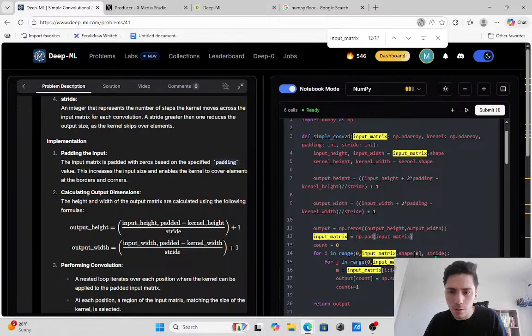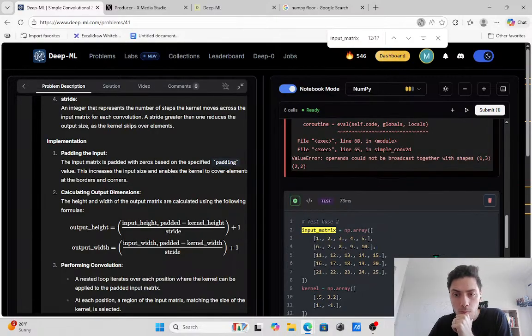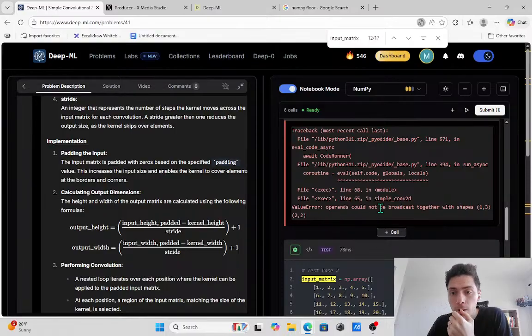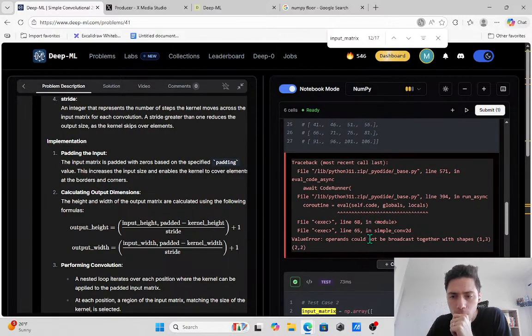So this should be, what is it, padding? Padding. We also have to improve the errors because this doesn't help me at all.